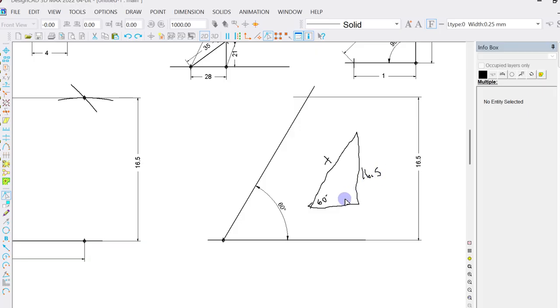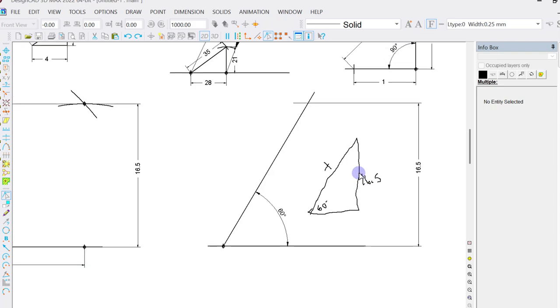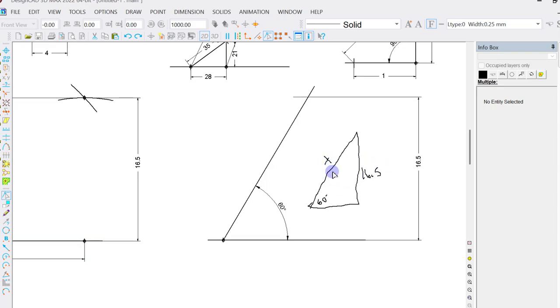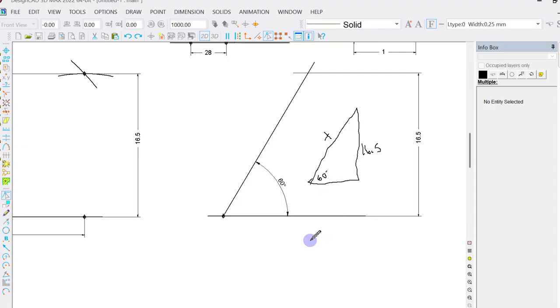So sine, cosine, and tangent. In this case, it's going to be the sine because it's the opposite side over the hypotenuse. So you end up with a formula that looks like this: the sine of 60 is equal to 16.5 over x. So x is going to be 16.5 divided by the sine of 60, and that will give you that length.